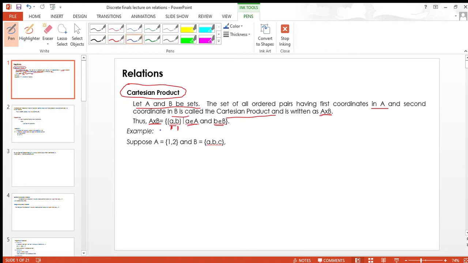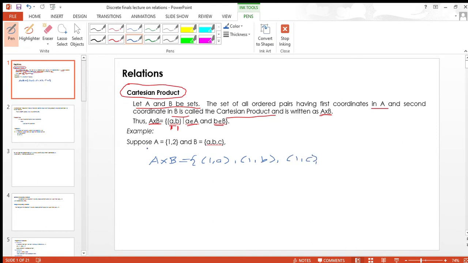Looking at this example, suppose set A is given by the elements 1, 2, and B is the set containing a, b, c. Then A cross B will be, we just get every element of the first set and pair it to every element of the second set.